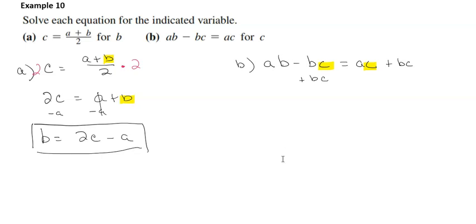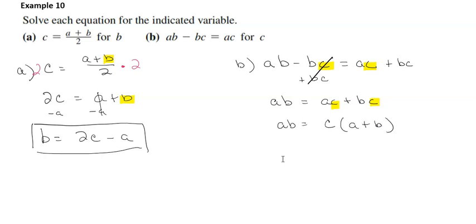All right, so we've got BC, and we just subtracted it out, and so now we're left with AB equals AC plus BC. Well, since we're looking for C, and it's in both of them, we can factor it out. So this is the hardest part for most people. We're going to factor out the C, and we're left with A plus B. It doesn't matter if it's first or last, it's just factored out.